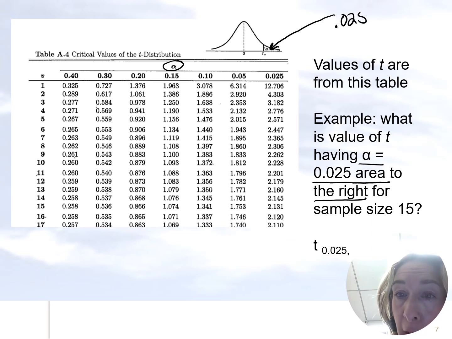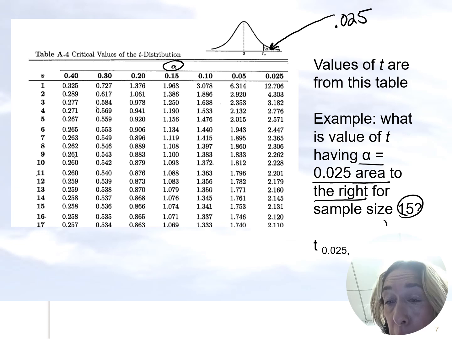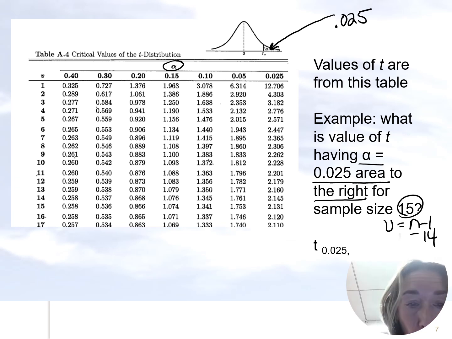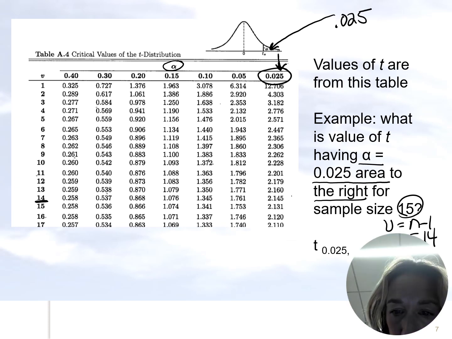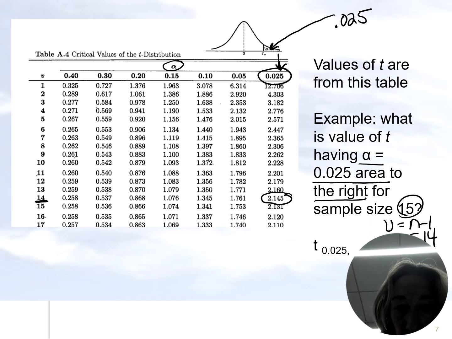So it's a simple matter of reading straight out of this table. Sample size is 15, which means nu, or degrees of freedom, is 14. We read off the t-value at the intersection of 14 degrees of freedom and an area of 0.025 to the right. That t-value happens to be 2.145. So our t-value t sub 0.025, 14 equals 2.145.